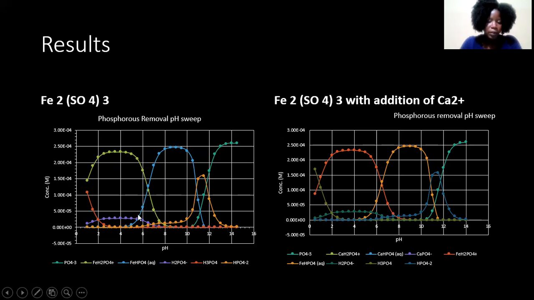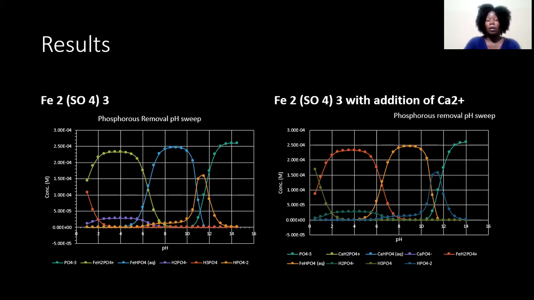because as you see, this blue line here is a complex of iron and phosphorus, which is FeHPO4, and the green line is also another complex of iron and phosphate, which is iron H2PO4.